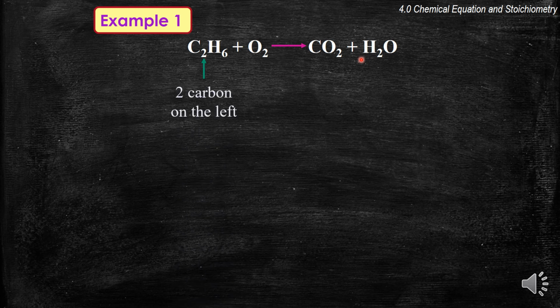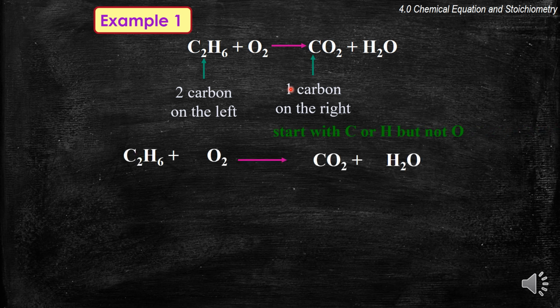Let me see, two carbon on the left and one carbon on the right. To balance the carbon atoms, we place a 2 in front of carbon dioxide.